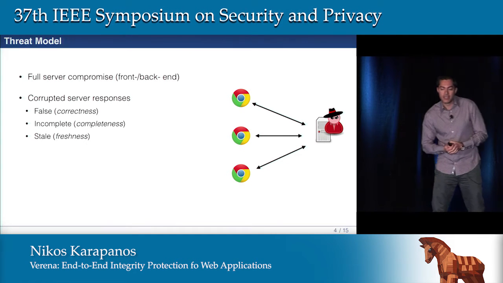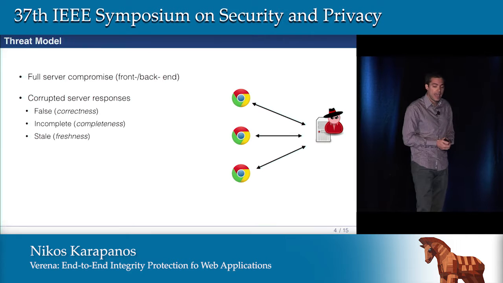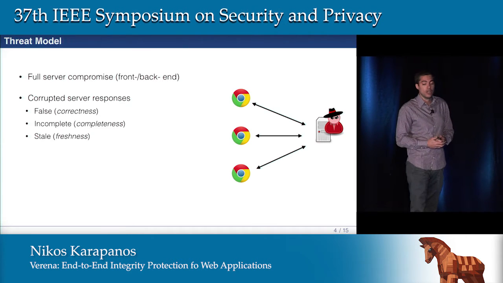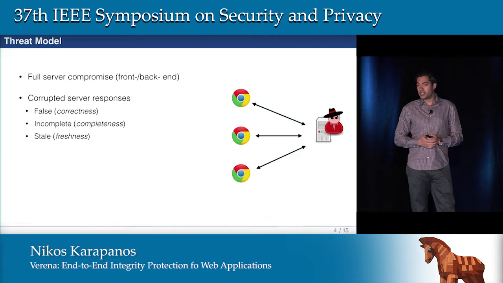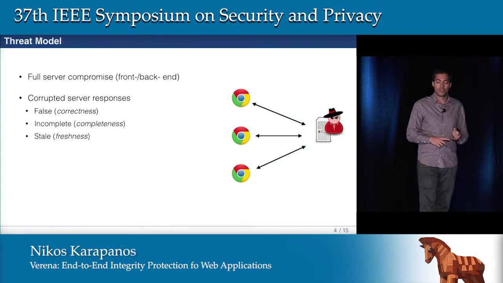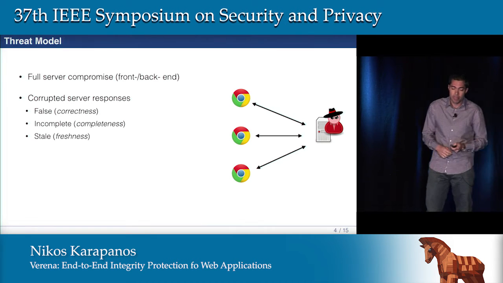So now we imagine that the attacker can compromise the server, and he will try to serve back to the clients, to the doctor, for example, corrupted responses affecting all those properties, so correctness, completeness, and freshness, or either of these properties.